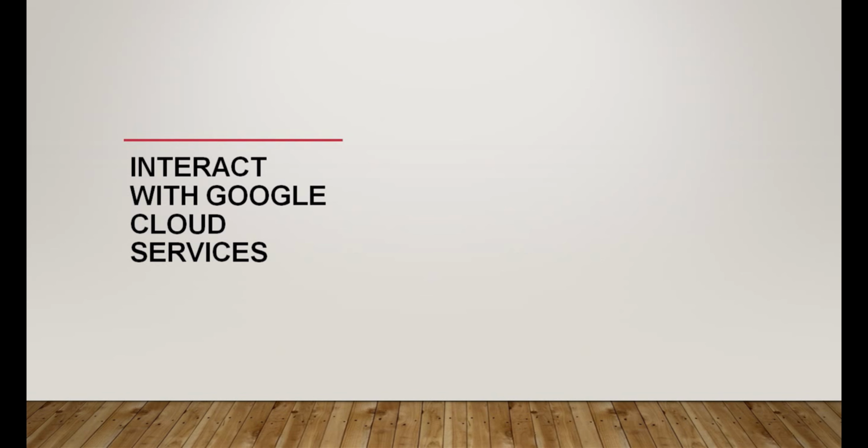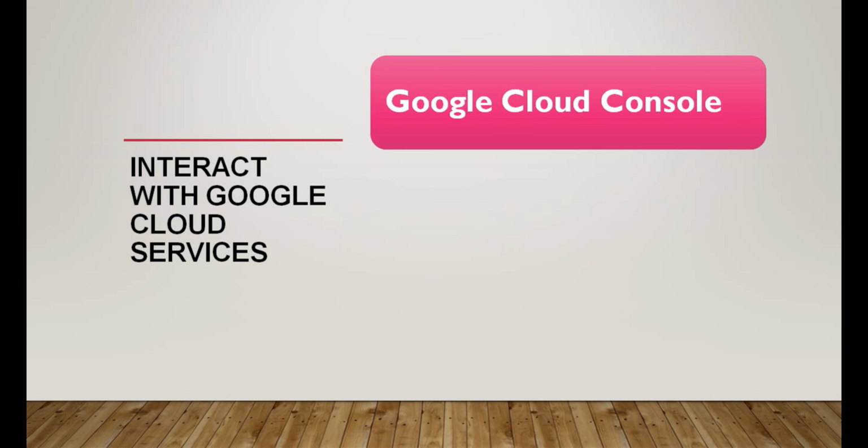So how will you interact with Google Cloud Services? It's the same as AWS. You need to interact with them, and the same goes with Google Cloud Services. Google Cloud Console, like the AWS Console, is a GUI. It is a web-based graphical interface that allows you to manage and configure your GCP projects and resources.